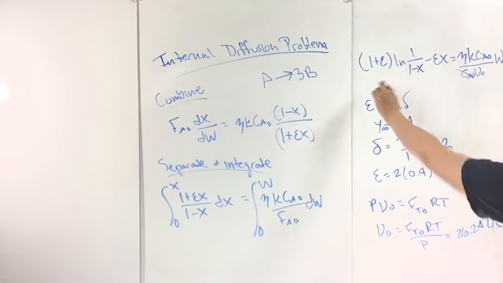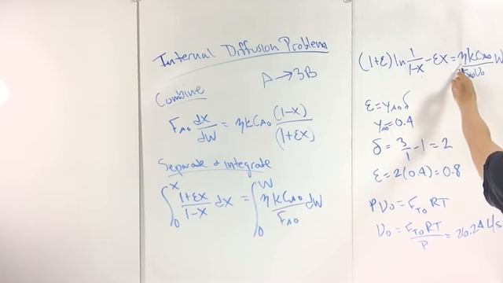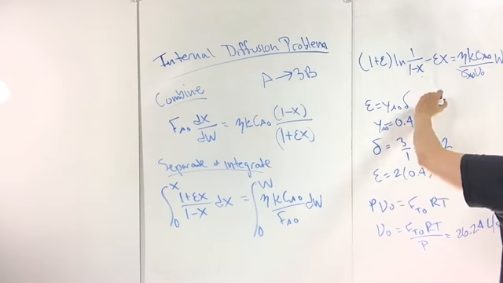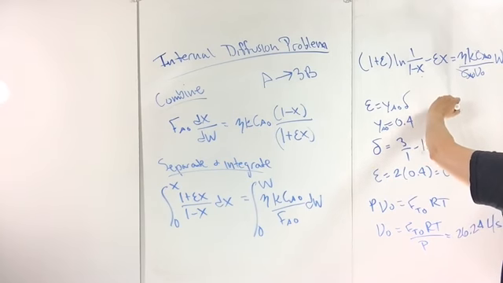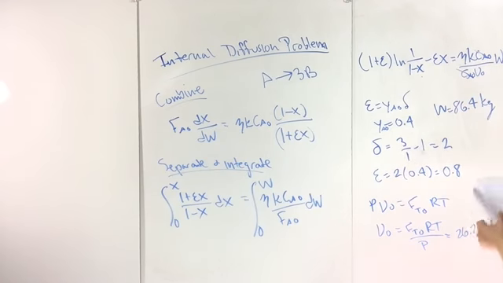So then you have everything you need to plug into this equation. We know X, epsilon, the effectiveness factor, k, and v naught. So if you plug everything in and solve for W, you get that W is equal to 86.4 kilograms.